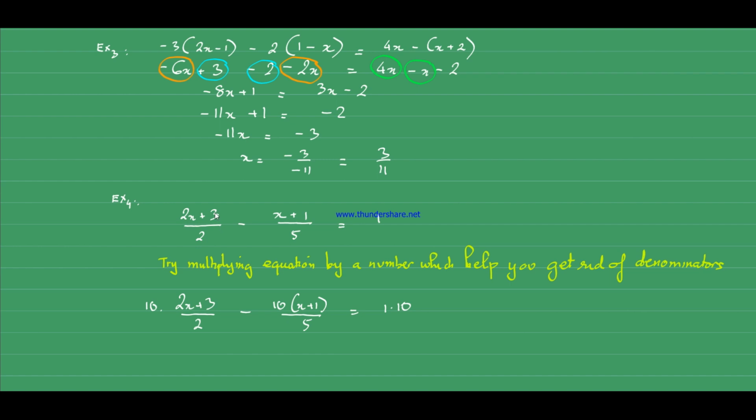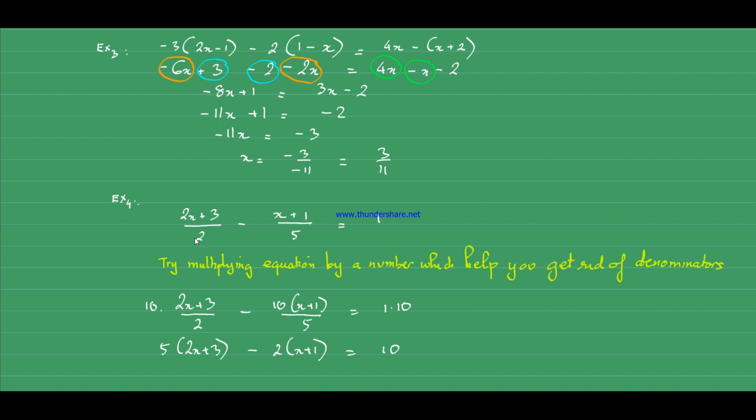The reason I picked 10 is that 10 simplifies with 2 to give you 5, and 10 simplifies with 5, so there's no more denominator. 1 times 10 is 10. See that? I can pick 10 because I find the LCM: 2 times 5 is 10.